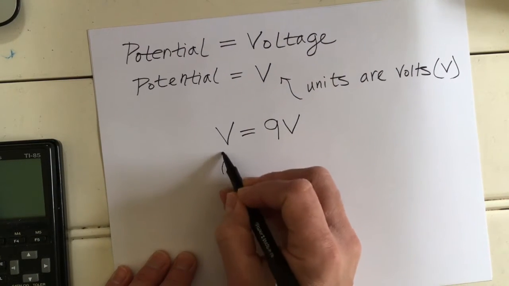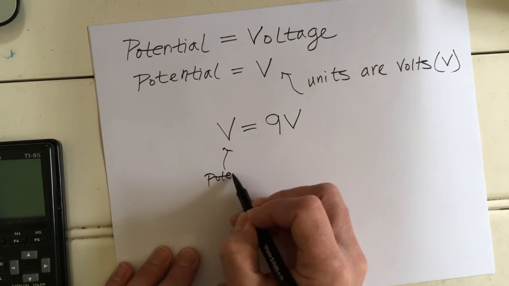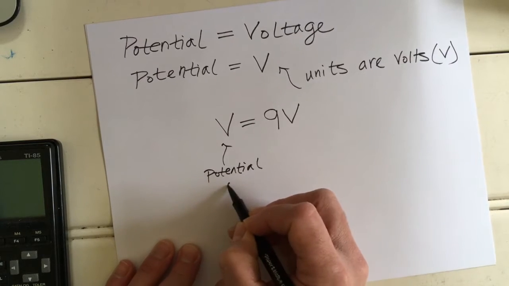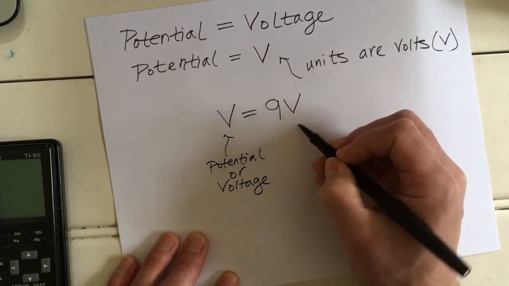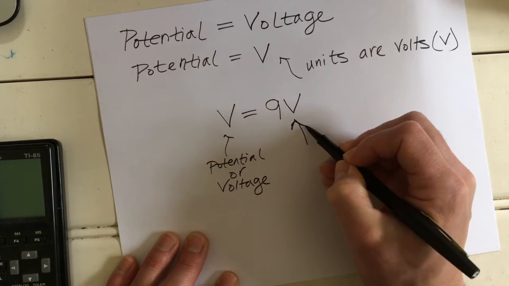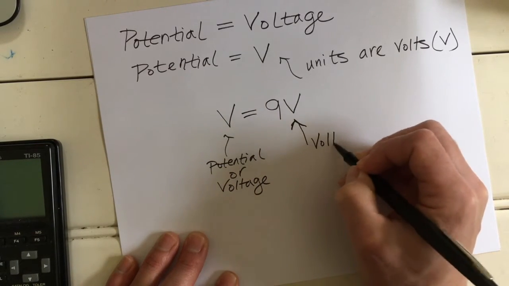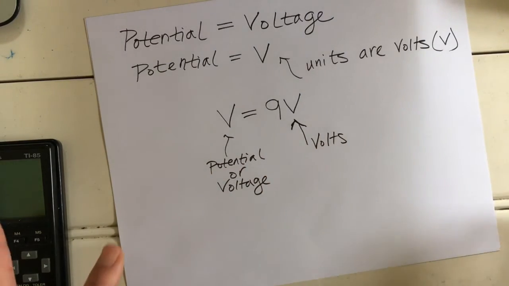So the potential, or voltage, of that battery is 9 volts, is what I'm trying to say.